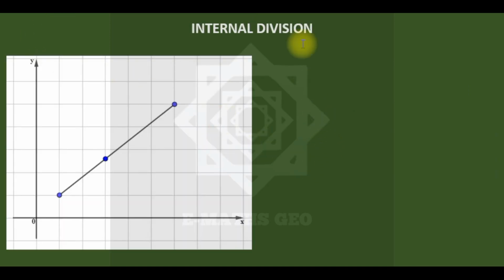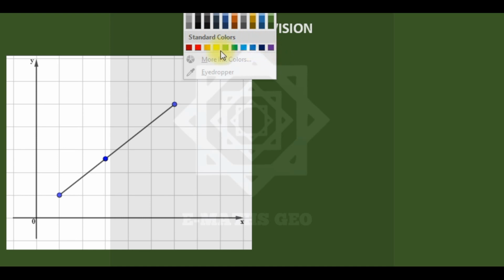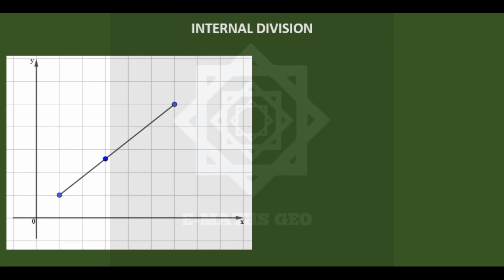So for internal division, if we have a line segment, maybe with the coordinate, if here is A, with coordinates x1 and y1, and if here is B, it's x2, y2.